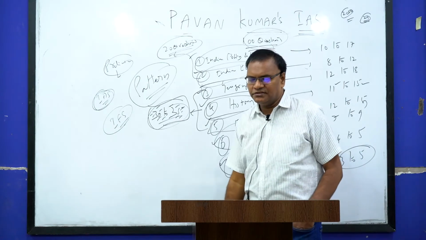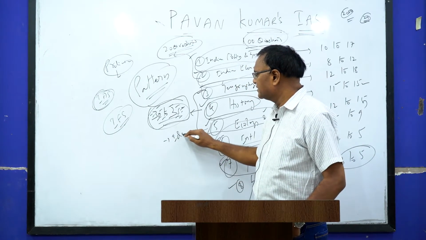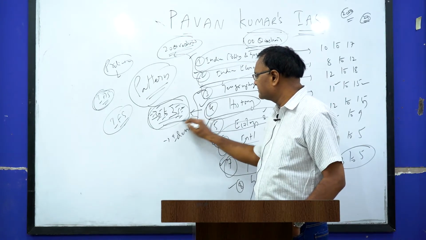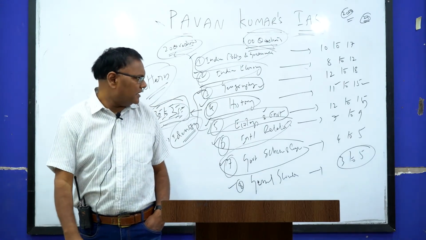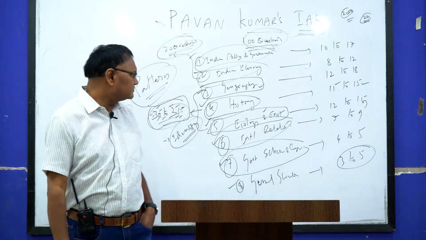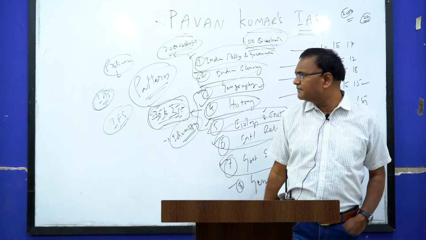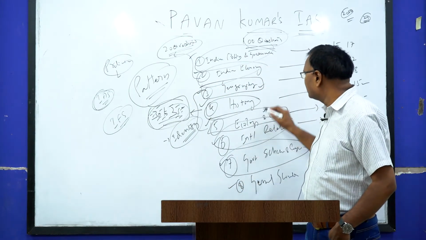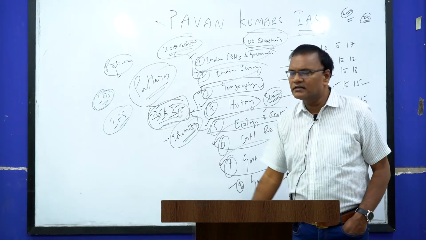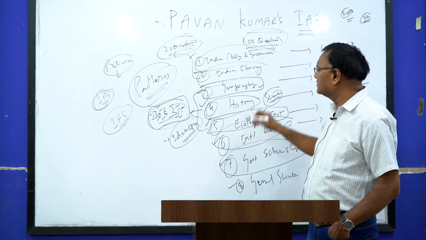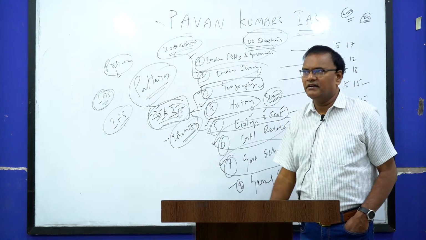But what students must be doing is they must identify their areas of strength and focus on them. For example, if you are a candidate from science background, it will be easy for you to learn geography, ecology and environment.